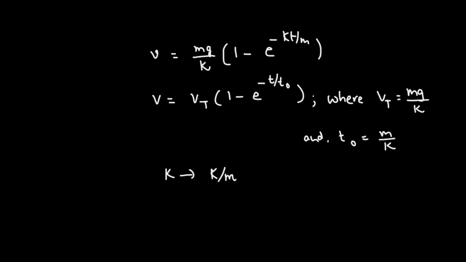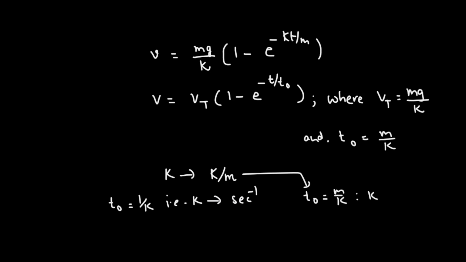Now in the previous problem we had t naught equals 1 over k, so that means the unit of k was second inverse, and in this particular case we have t naught given by m over k, so the unit of k will be kg per second.